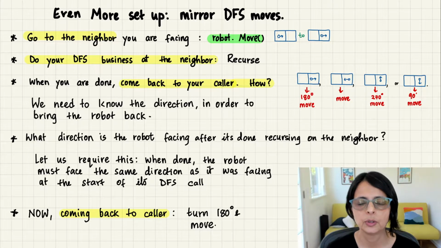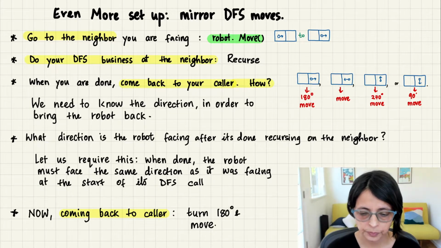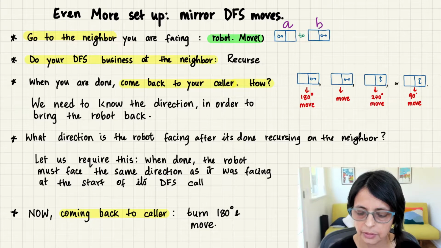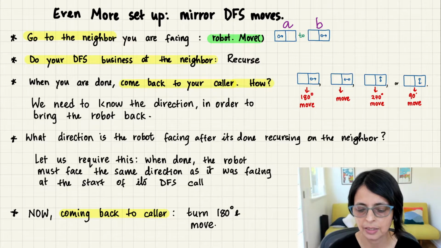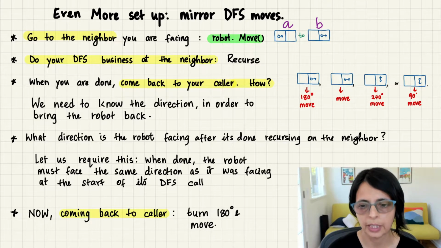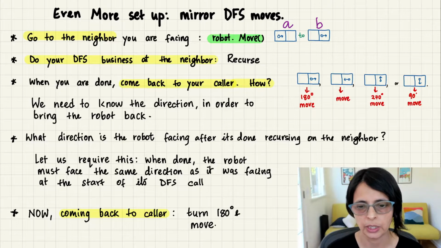This is where I want you to pause and think, how do we reliably bring the robot back to its caller once it's done recursing? So let's say this was cell A and this is cell B, okay? DFS on A has now moved the robot to B, then called DFS on B. DFS on B finishes.